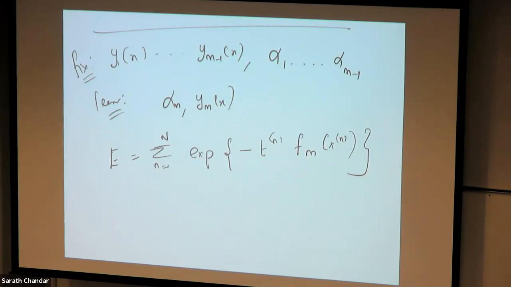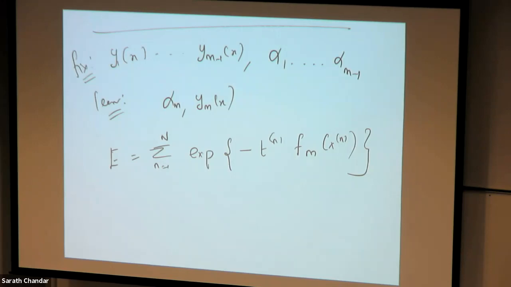So this was my error function. There is something wrong in the way I have written this. Oh no, this is fine. So this is my exponential error function when you have m classifiers.